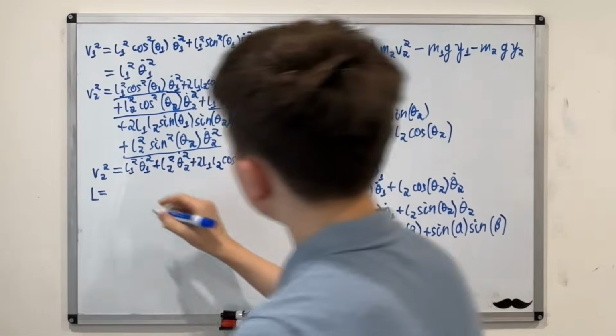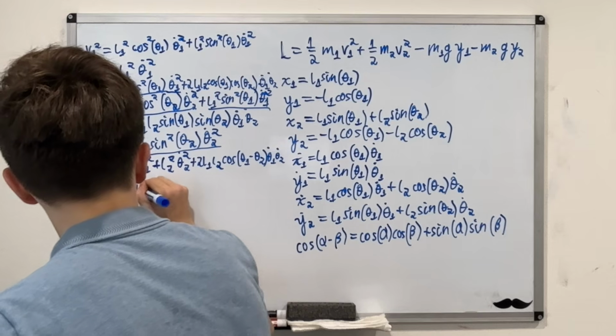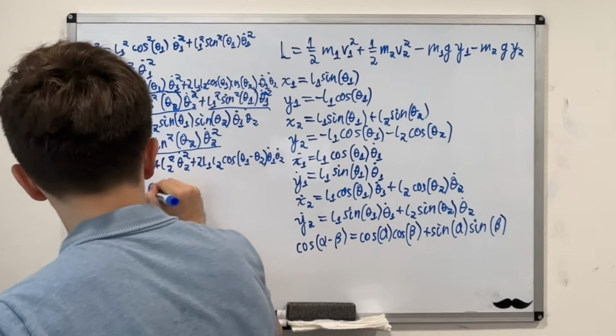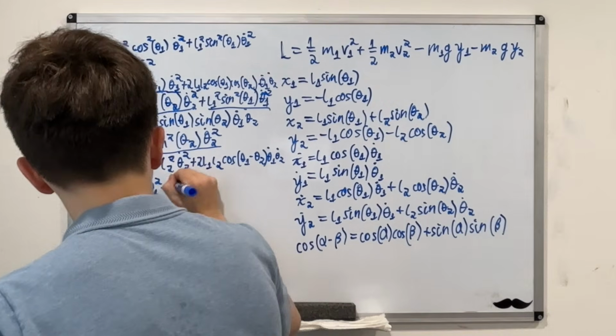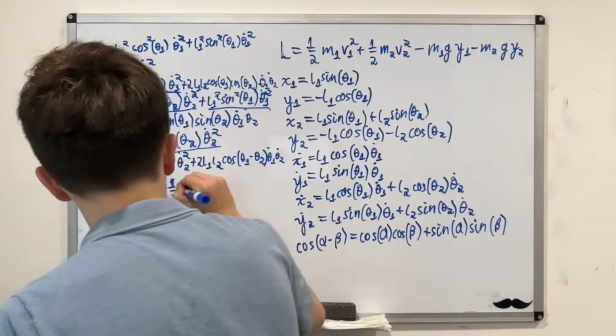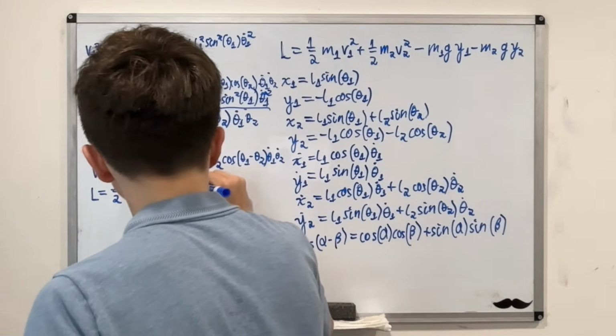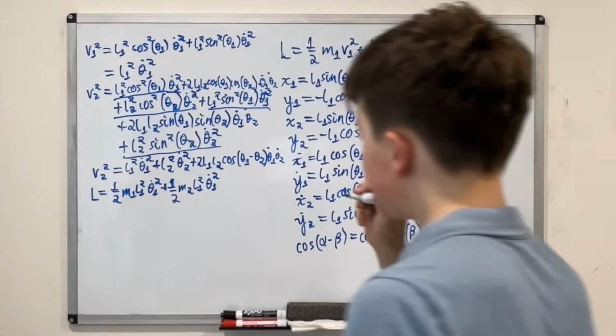So we're going to have 1/2 m1 L1 squared theta 1 dot squared plus, let's distribute the 1/2 m2. So we're going to have 1/2 m2 times L1 squared theta 1 dot squared.